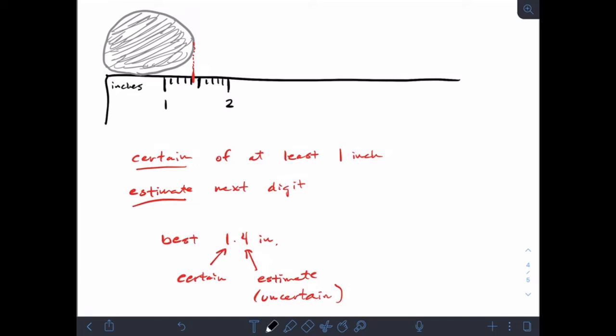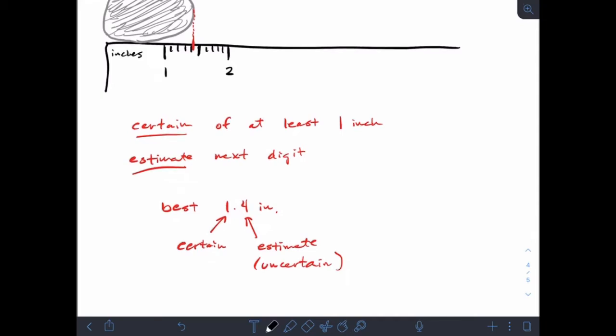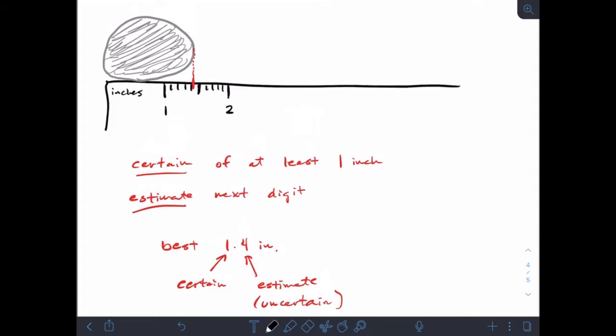So the more digits you have, the more certain and the more precise the measurement is. The more precise your measuring tool, the more digits you get and the more certain you are of your measurement. This is something we'll get into a little more with lab.